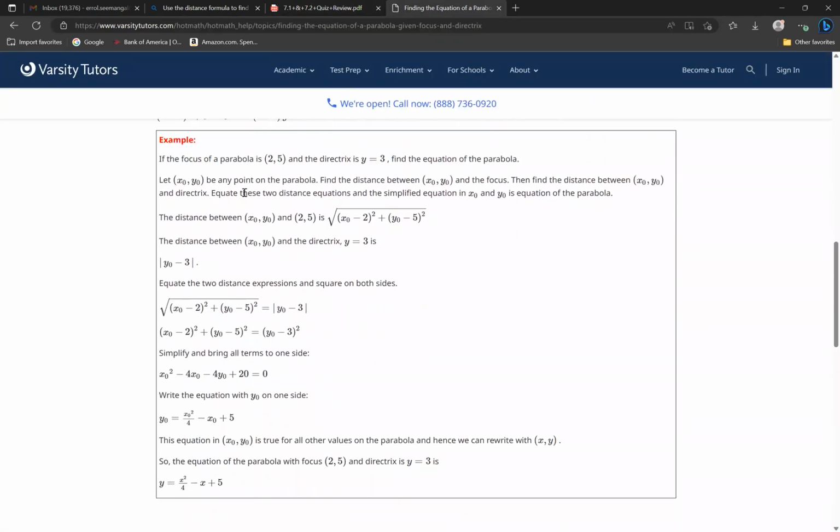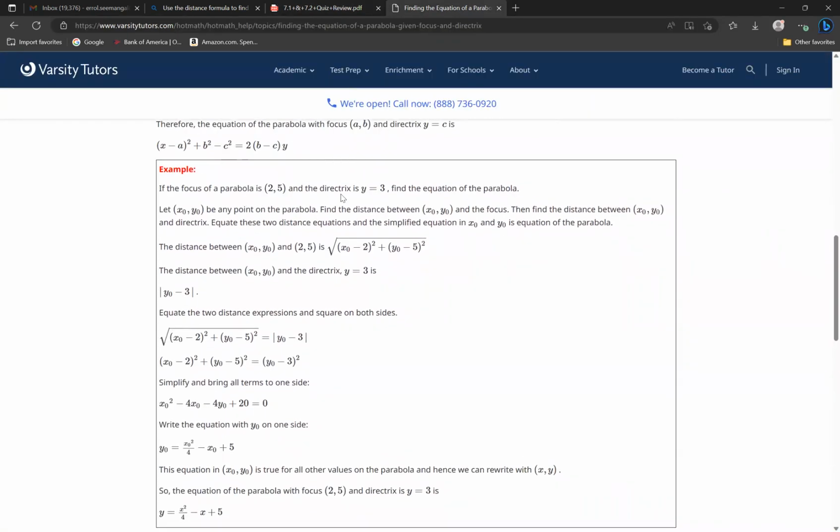If the focus of the parabola is (2, 5) and the directrix is y equals 3, find the equation of the parabola. Let (x0, y0) be any point on the parabola. Find the distance between that point and the focus. Then find the distance between (x0, y0) and the directrix. Okay, so what are they doing here? The distance between (x0, y0) and (2, 5) is this, okay?